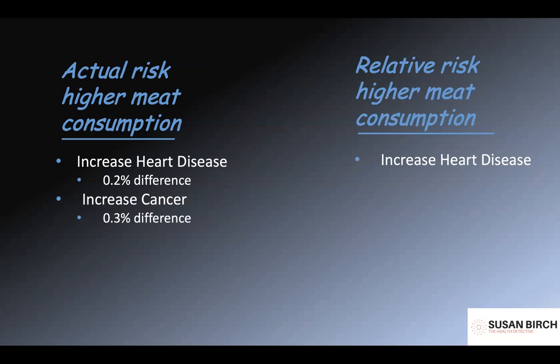But if we use the relative risk, then we see a 13% difference for heart disease and a 20% difference for cancer. So these numbers are certainly going to make much better headlines.